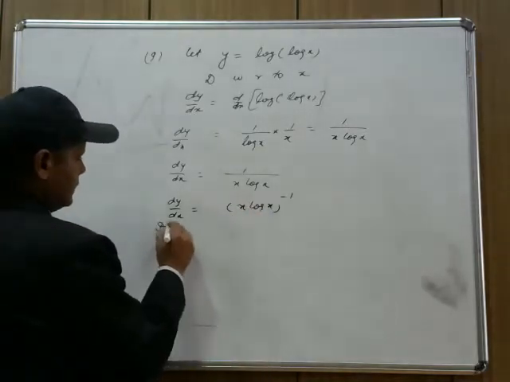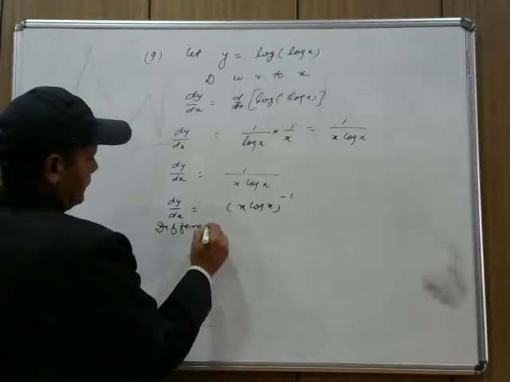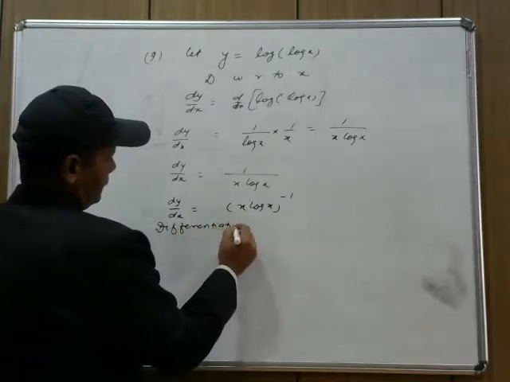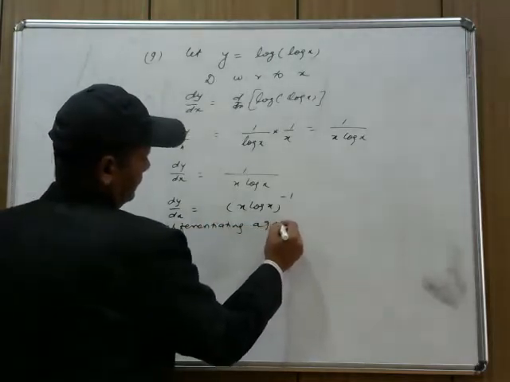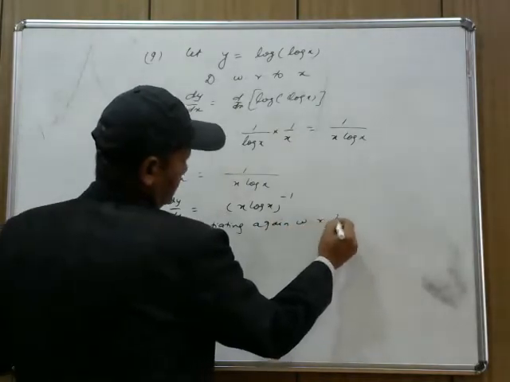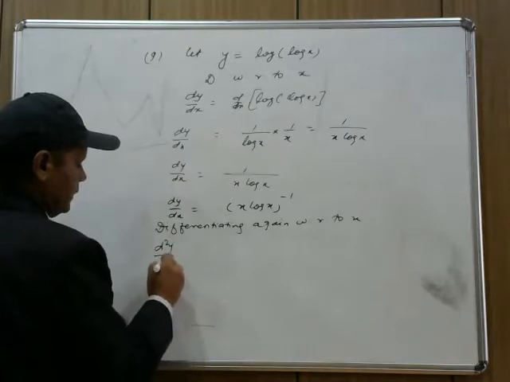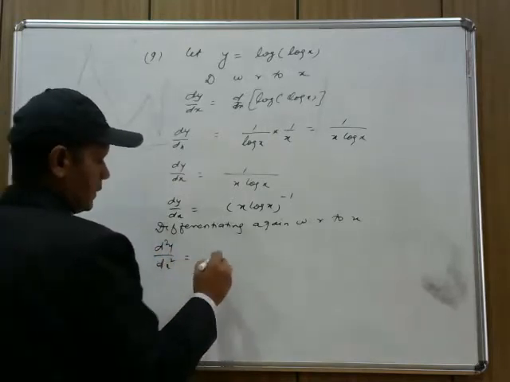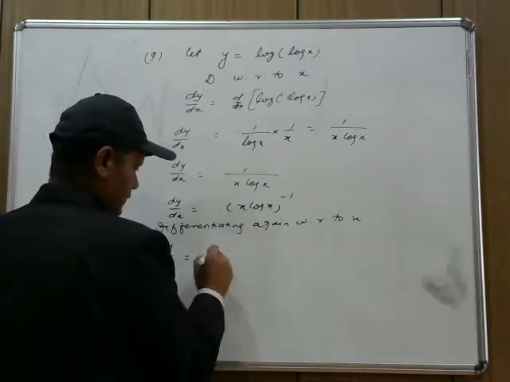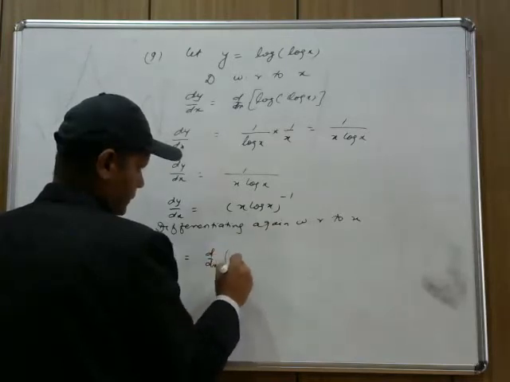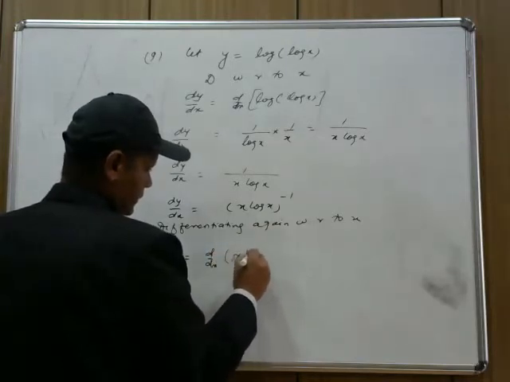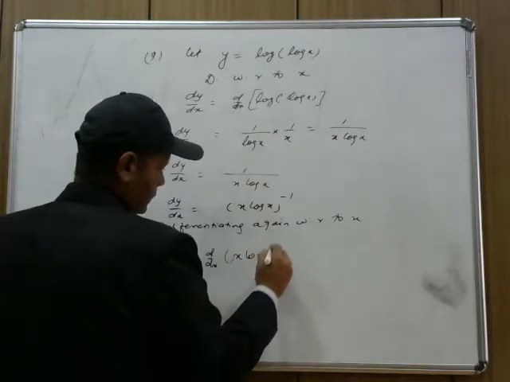Now differentiating again with respect to x, d2y by dx square is equal to differentiation of x log x to the power minus 1.